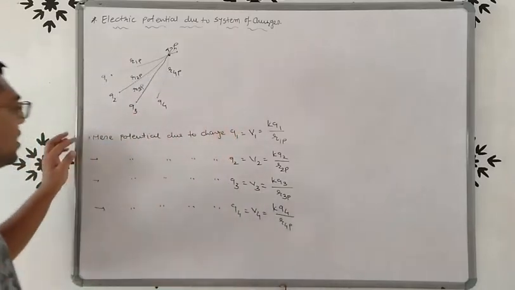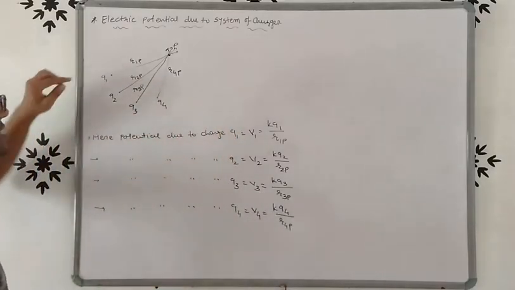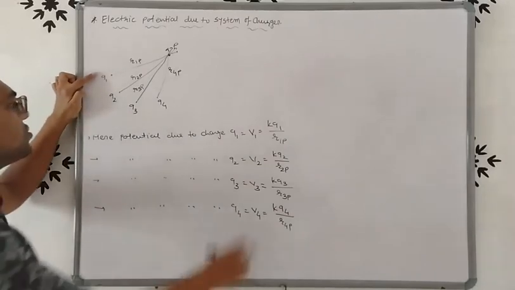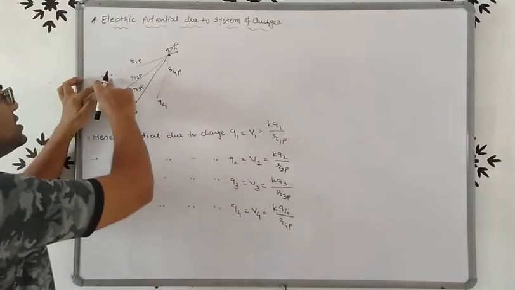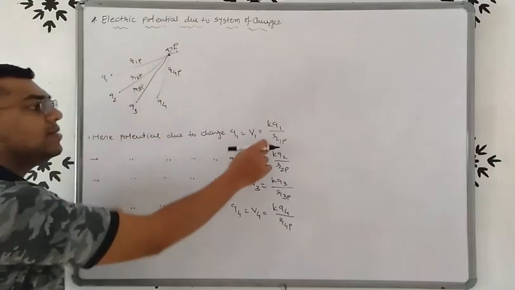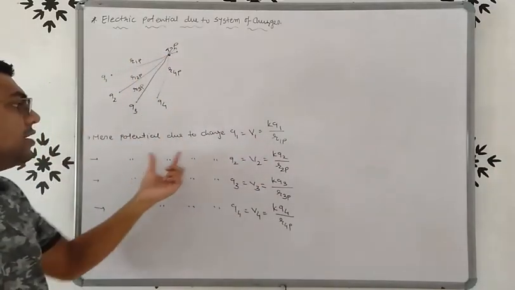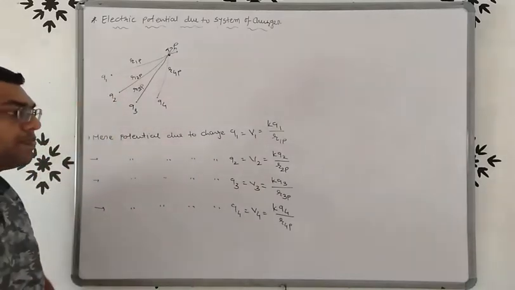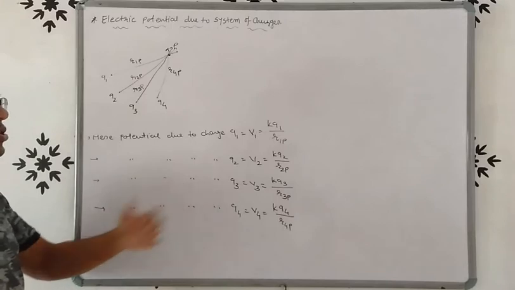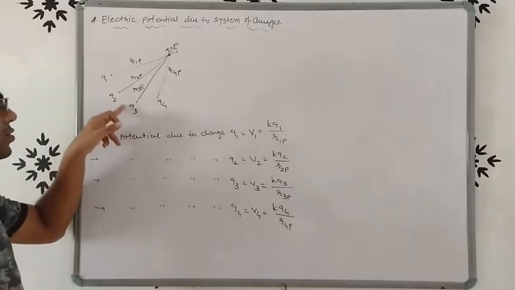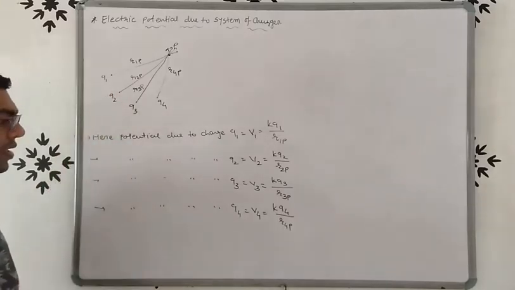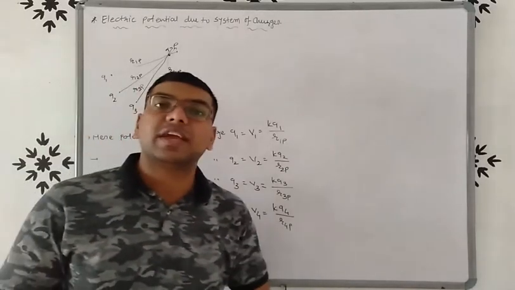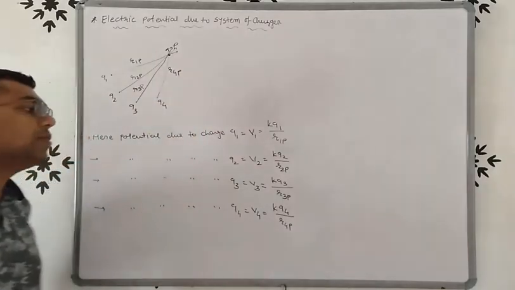Potential due to charge Q1, that is V1, from the formula Kq by R, is V1 equal to Kq1 upon R1P. Then V2 is equal to Kq2 upon R2P. V3 is equal to Kq3 upon R3P. V4 is equal to Kq4 upon R4P.